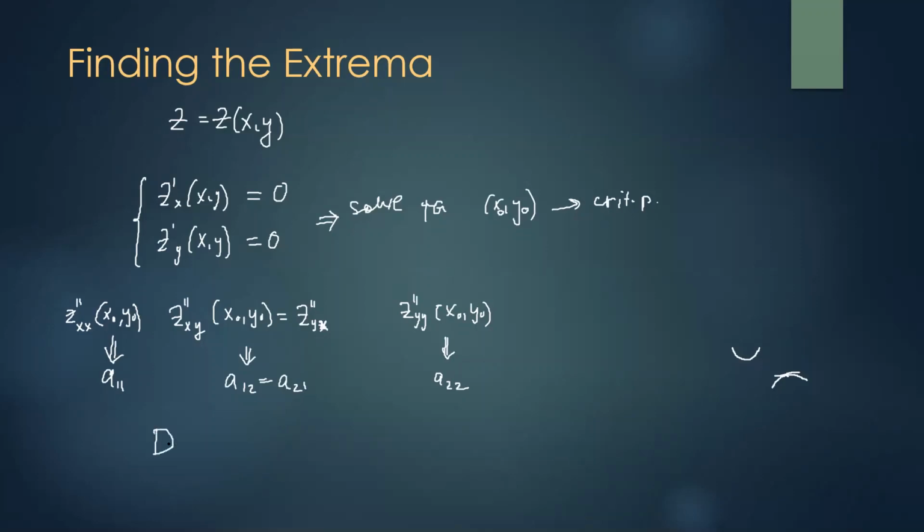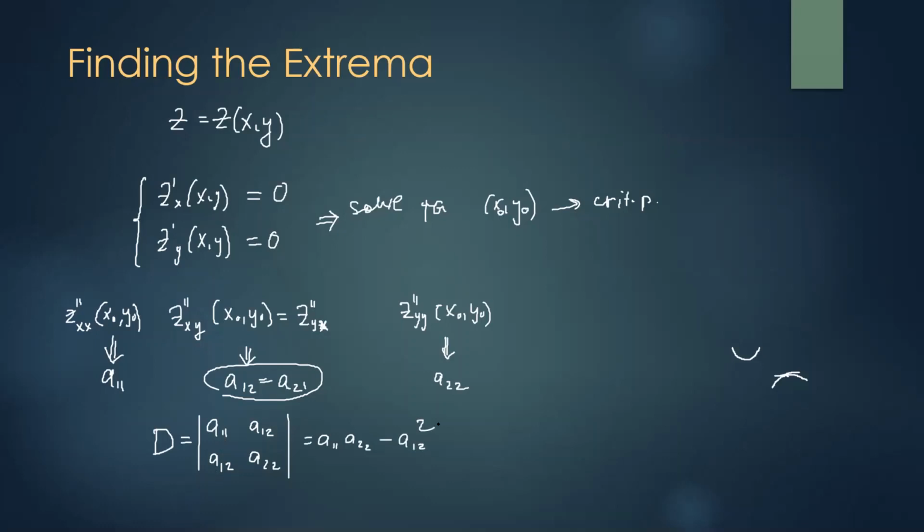So we write now the determinant using these numbers. A11, A12, A12 still, I'm writing 1, 2 here as well because it's the same number, and A22. So by default, these two numbers on the second diagonal will be equal, same number. So of course we have A11 A22 minus A12 squared, right?